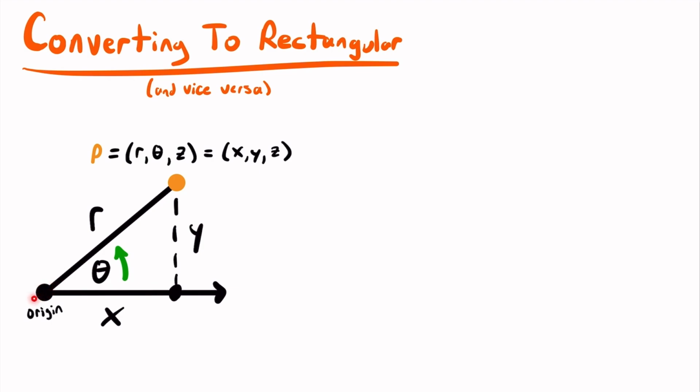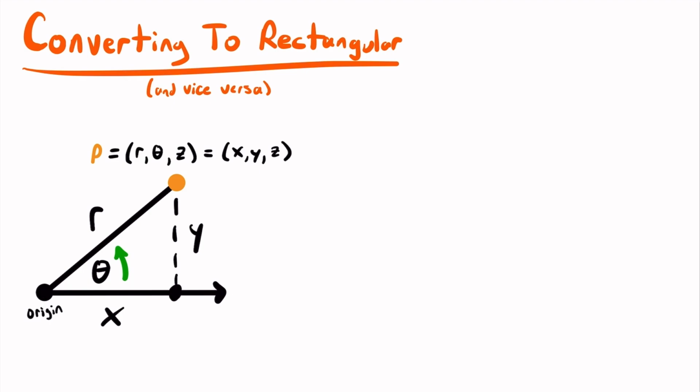The measurement from the origin to our point P is the radius, the angle from the positive x-axis or polar axis is theta, and then the horizontal distance is x, and the vertical distance is y. So once again, forgetting about the z-coordinate, we would get to this point with an x-coordinate, then a y-coordinate, or by measuring an angle and then a radius.